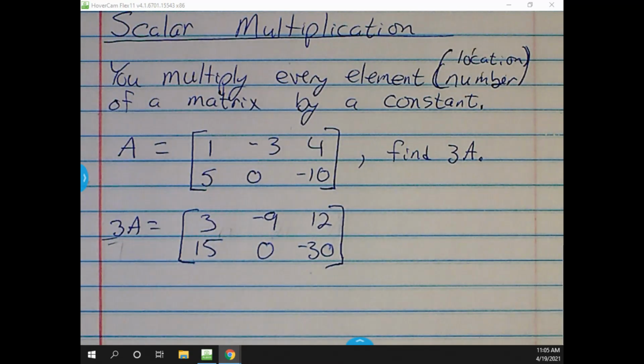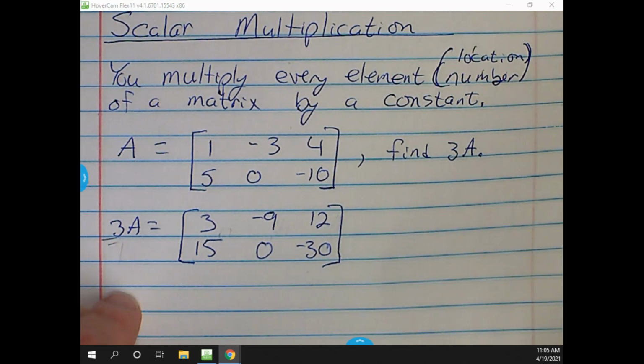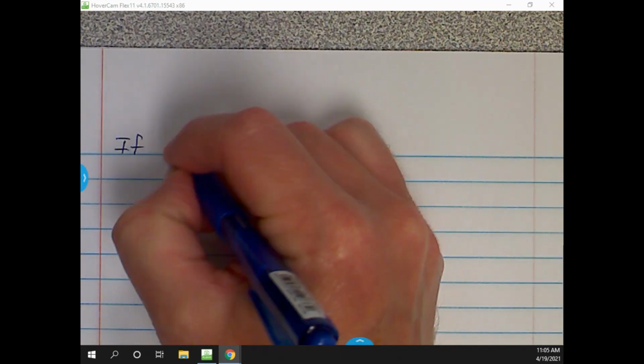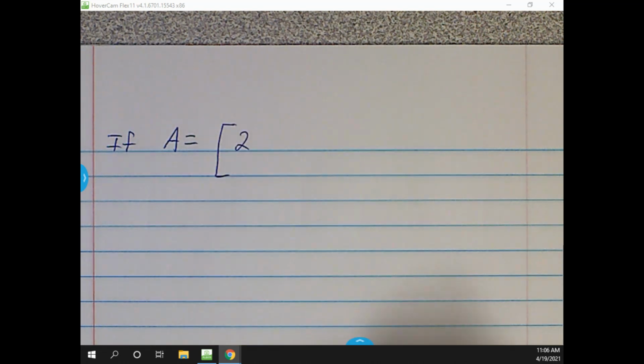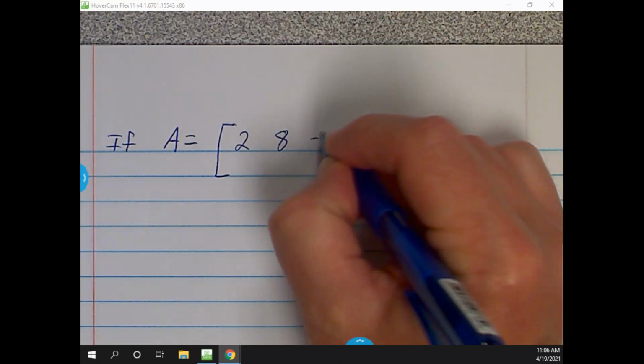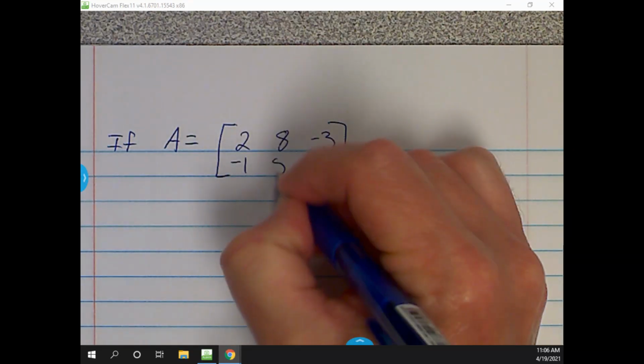Okay, now where they're going to mix that in with what we were doing just a few minutes ago is they'll take a problem like that and make you do some work with it. May do something like this. Let's say that A is 2, 8, negative 3, negative 1, 5, 2.